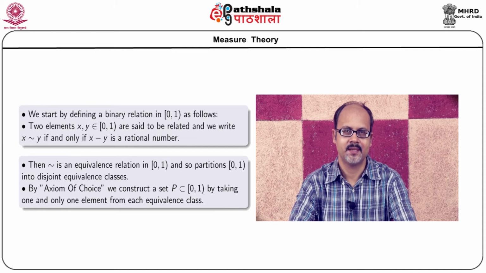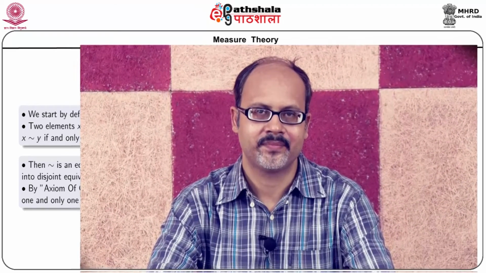Note that two elements x and y belong to the same equivalence class if and only if their difference is a rational number, and they do not belong to the same equivalence class if and only if their difference is an irrational number.